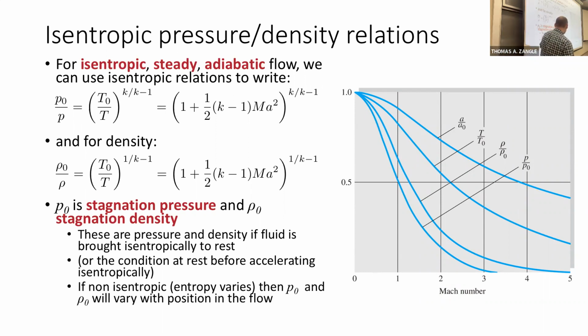If it is non-isentropic, so if the entropy varies, then P naught and rho naught will vary with position in the flow. So when we're considering flow through a shock wave, which is non-isentropic, P naught and rho naught are going to become variables of our local conditions. But we'll get there soon.